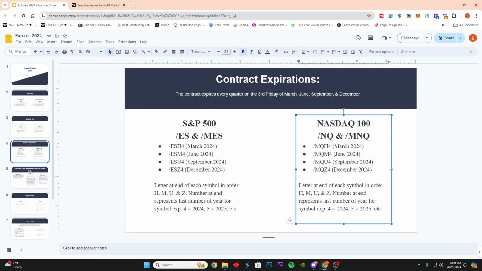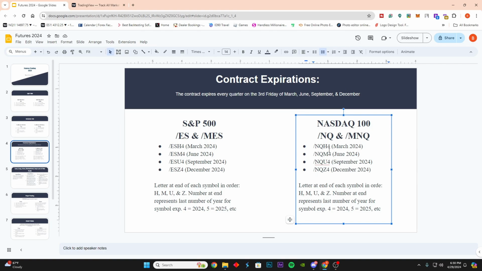And then same thing looking over at the Nasdaq. I don't know why I put M at the beginning, let me change that real quick. So yeah, same thing. If you were looking at the micro version, you would just put the M at the beginning.